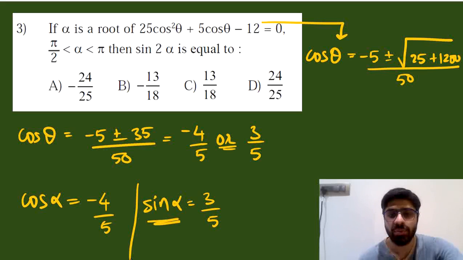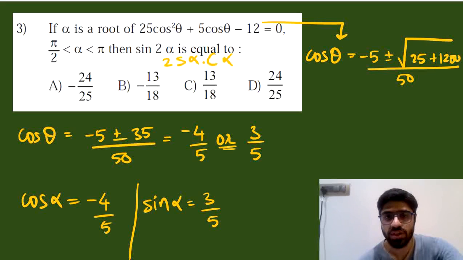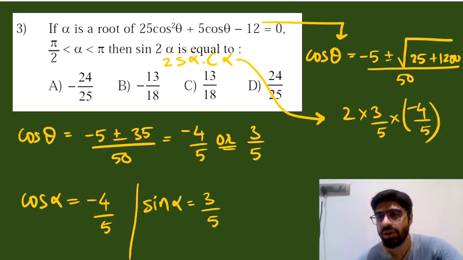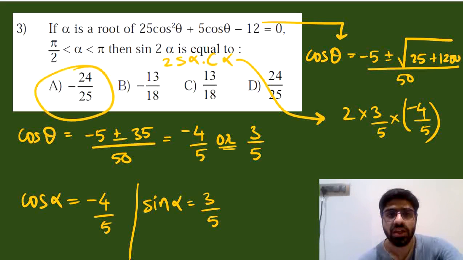So sine alpha will be positive, and that is why we are taking 3 by 5 and not minus 3 by 5. Now what you need is sine 2 alpha. Sine 2 alpha is basically 2 sine alpha into cos alpha. Sine alpha is 3 by 5, cos alpha is minus 4 by 5. So we have 2 into 3 by 5 into minus 4 upon 5. And that will be equal to minus 24 upon 25, giving you option A as the right answer for the third question.